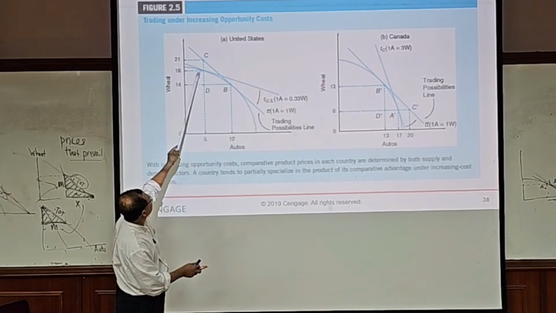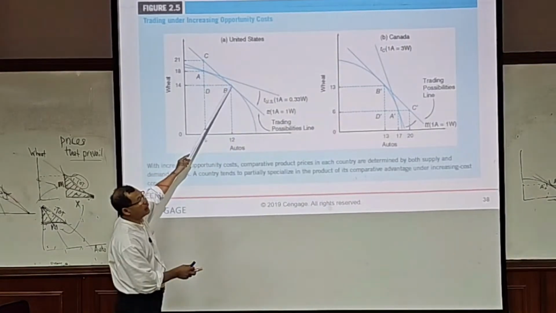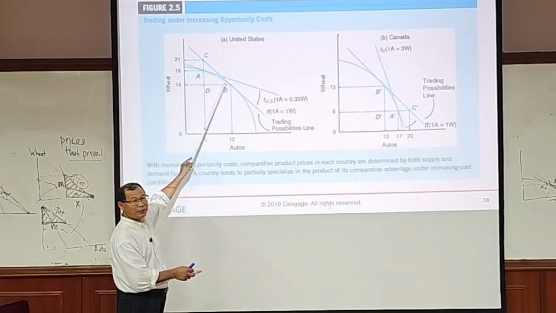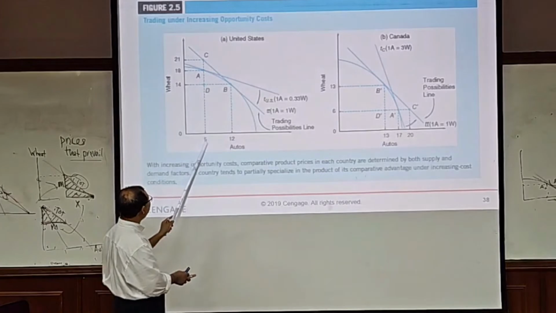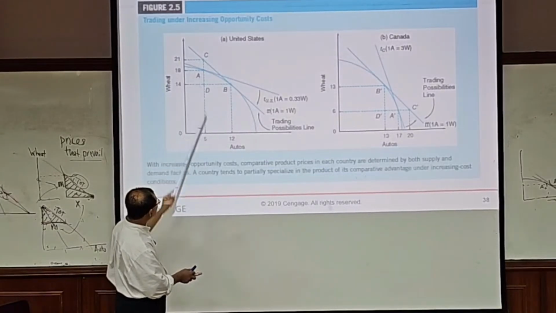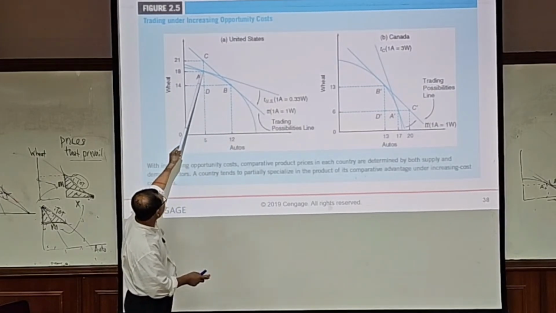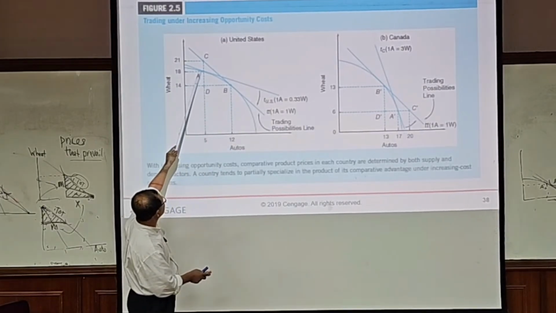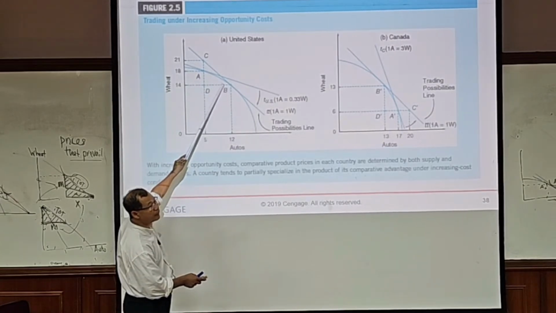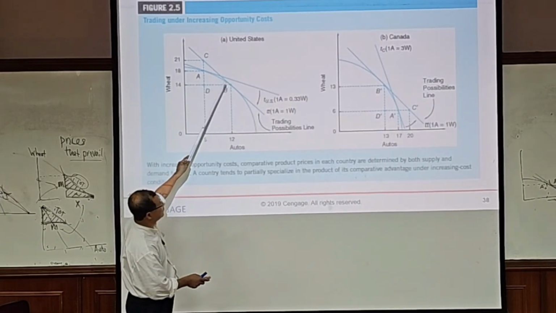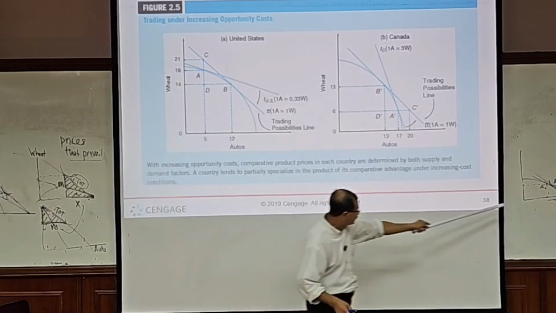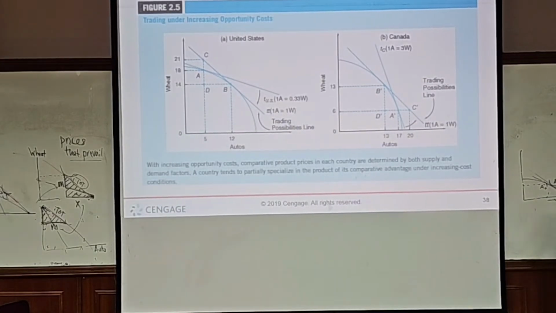A is the beginning. B is the specialization point. Country A specializes in auto. A is the starting point. B is the new one with trading. Oh, I didn't show you this. I missed one thing.